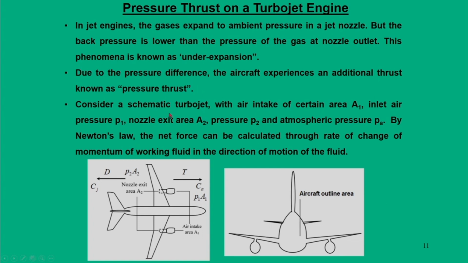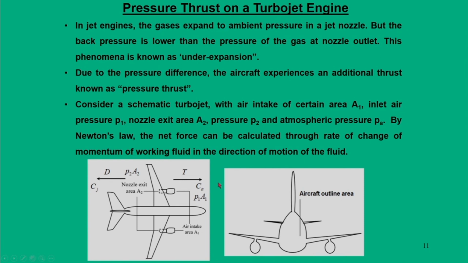So, we are going to consider this pressure thrust, and for this we take a turbojet engine in which the intake has a certain area A1, that is the intake location, and the nozzle exit area A2, from which the flow comes out at pressure P2. We can also see the jet velocity is Cj in this direction, and the aircraft velocity is Ca in the forward direction.